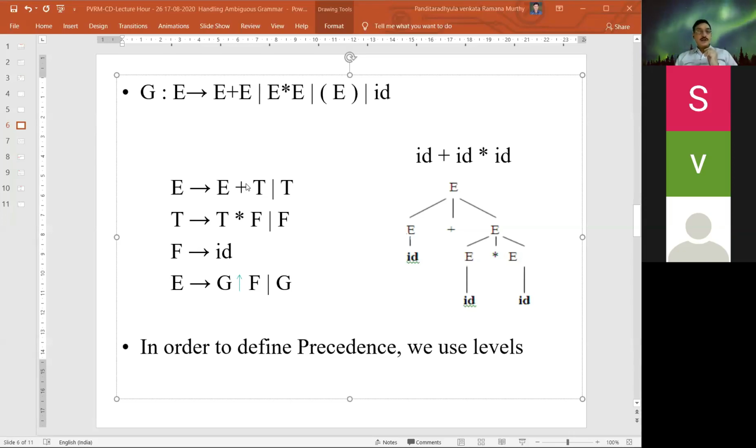And also, if you are reaching the addition operation, we can't go back to multiplication operation. So whatever the IDs we are having, after completing the multiplication operation only, we are coming to plus operation. After completing the plus operation, automatically we are going back to the starting symbol or root symbol E.